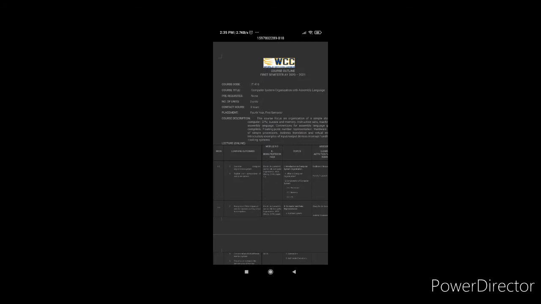So, of course, when you read the course description, it is all about the organization of computer systems.